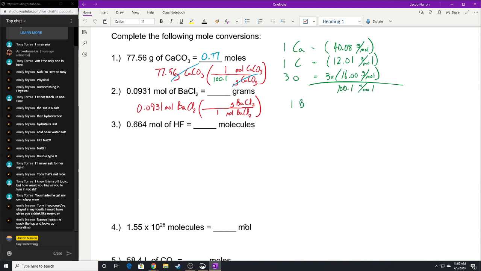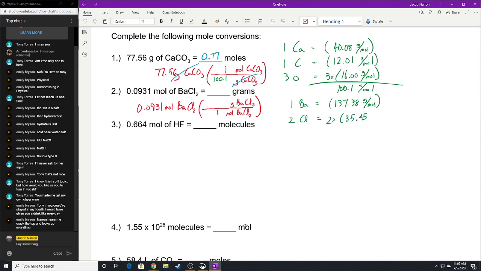We have 1 barium. Barium is right here, 137.38 grams per mole. There's only 1 of them. And we have 2 chlorines, and that's 35.45.